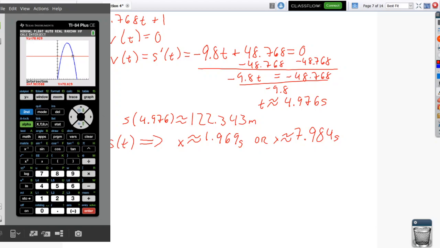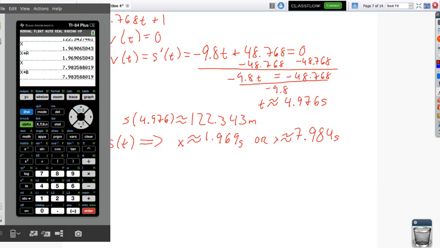And there we go. Okay, cool. So now I'm going to take that 7.984 and I am going to store that x value as my value B. The only reason I do that is because now I know that I have my s prime of t, my velocity right up here.